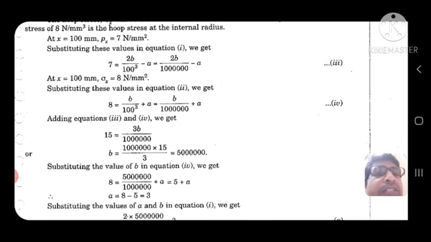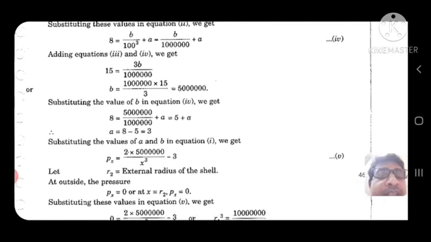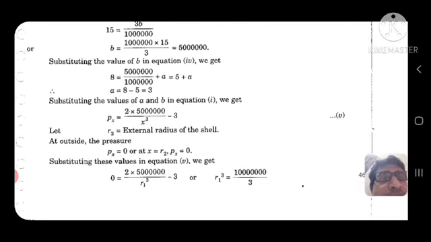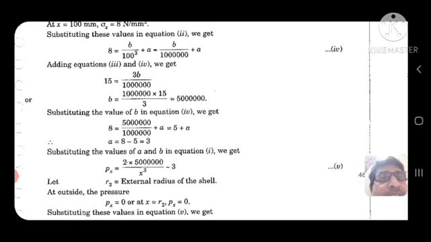Substituting these values in the equation, and after calculating, we get outside pressure px equal to 0, and substituting the value in the equation, 8 is equal to this plus a.